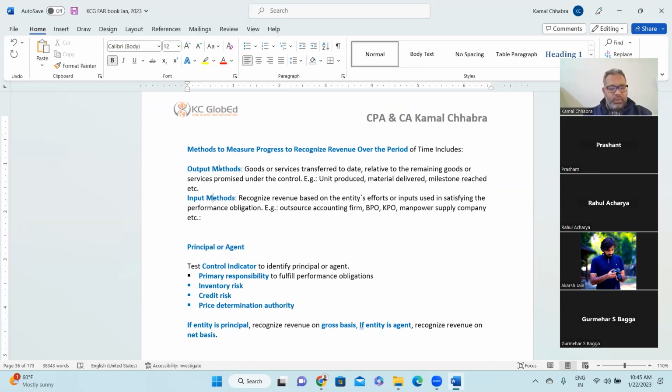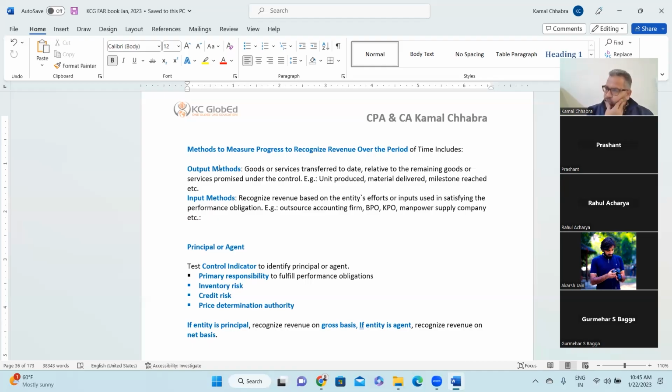What is the output method or the input method? Any guess, just from the name? The output method should be when the entity, the service provider, has delivered the service or provided that particular good. That is the output side of the performance obligation.